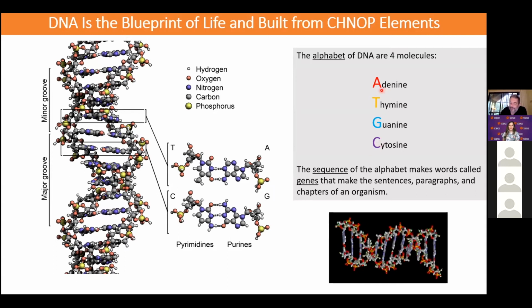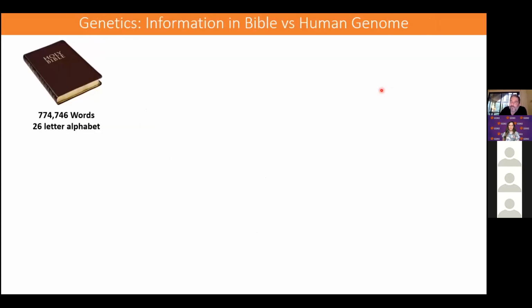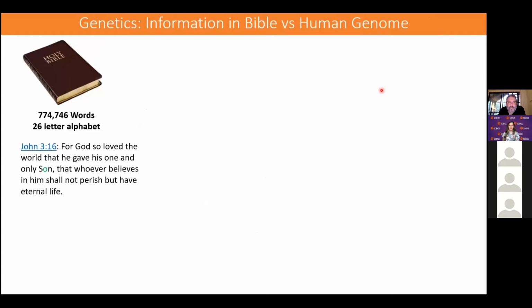So, A, T, G's, and C's. I like to put this into context: if you have a book, like here's the Bible, there's information in the Bible, right? You can read the Bible and get information out of it. There are 774,746 words in the Bible, according to the internet. I didn't actually go through and count them myself. But there are 26 letters in the alphabet that make up these words.